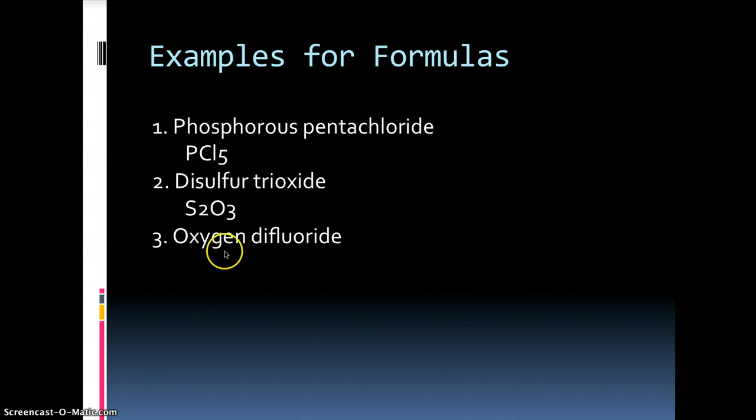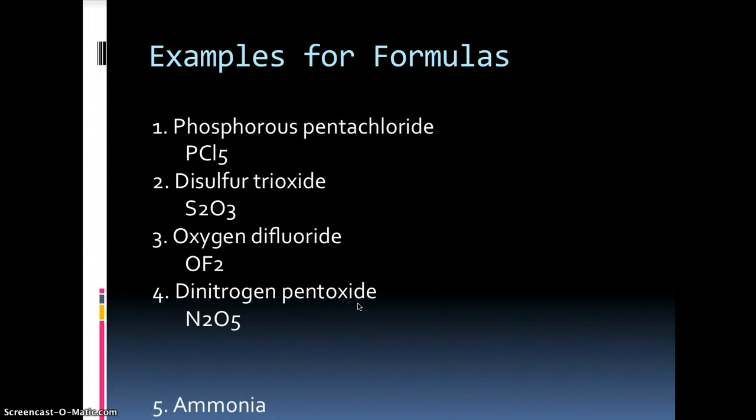No prefix means 1, so 1 oxygen, di is 2 fluorines, OF2. Dinitrogen pentoxide, 2 nitrogens, 5 oxygens, N2O5. And then do you remember this guy? Ammonia is one you've got to memorize, and that's going to be NH3.